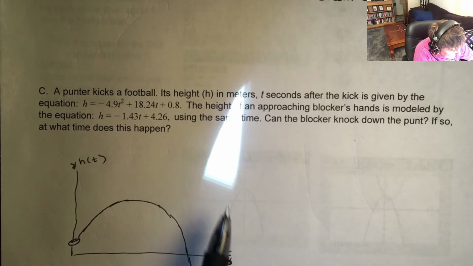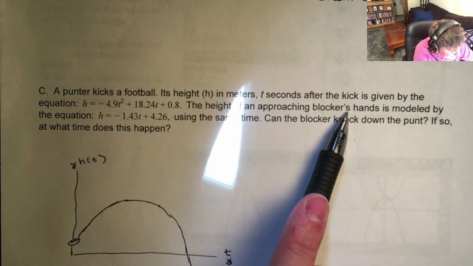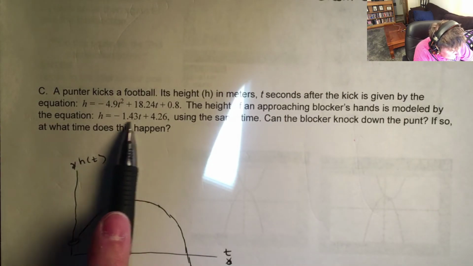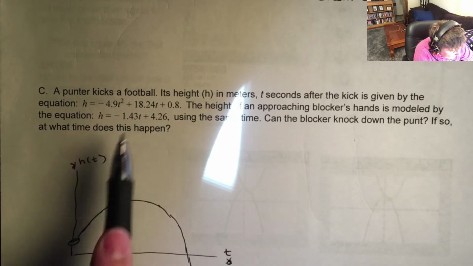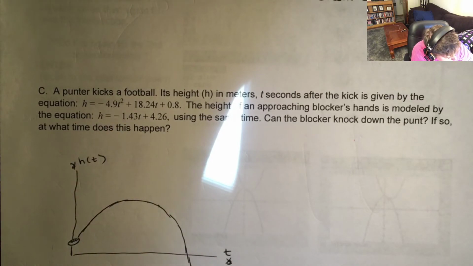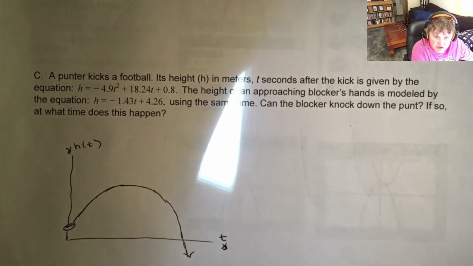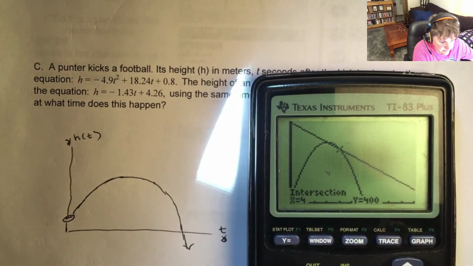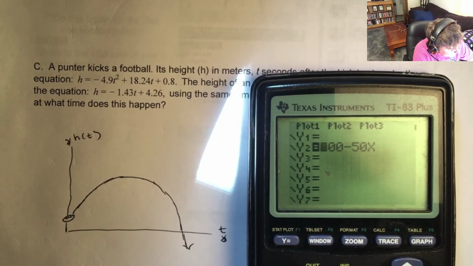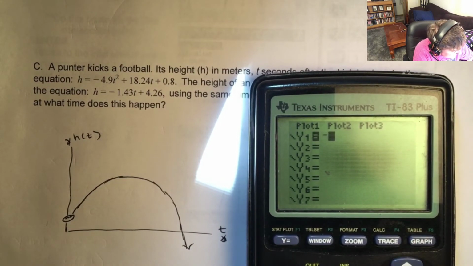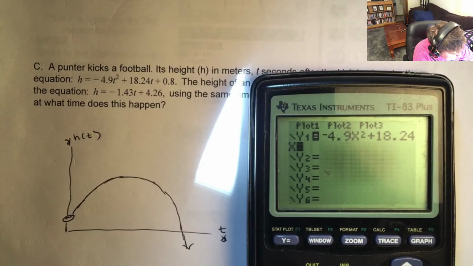And then the height of an approaching blocker's hands is modeled by the equation negative 1.43t plus 4.26. I'm not going to draw the other one until we have a better idea of what this looks like. So let's type the two equations in. We have negative 4.9x squared plus 18.24x plus 0.8.